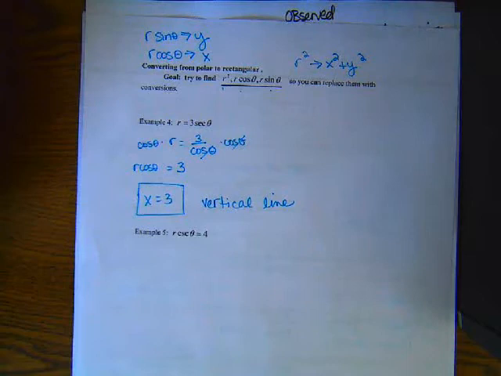So I am going to take out the r squared and replace it with an x squared plus y squared. And I'm going to take out the r sine theta and replace it with a 4y, using our conversions from the front page or from yesterday.